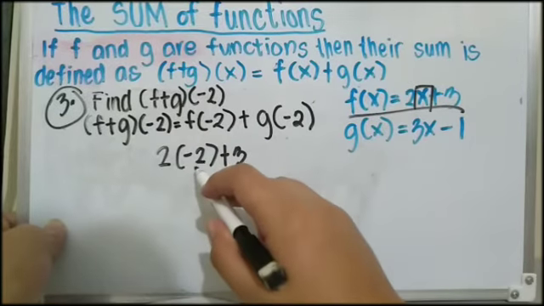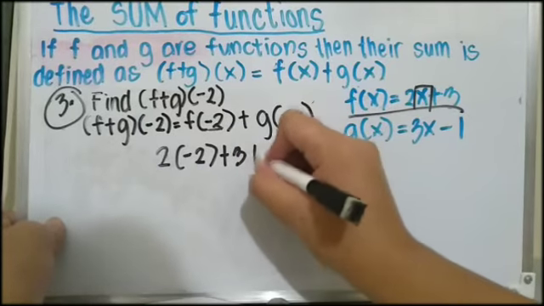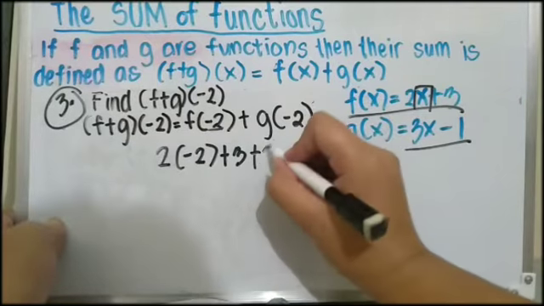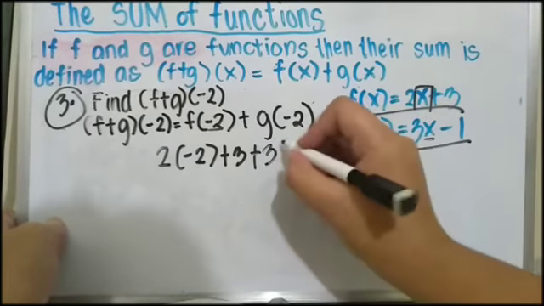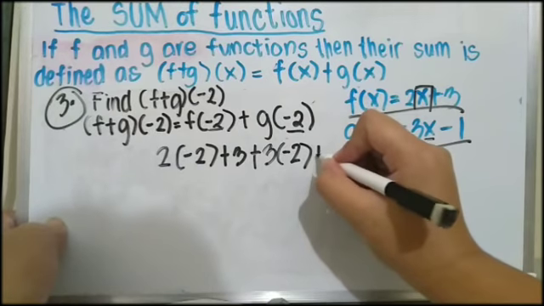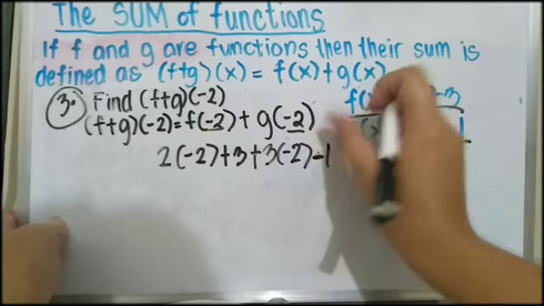So you will change the x into negative 2: 2(negative 2) plus 3, plus g(x), which is 3(negative 2) minus 1.